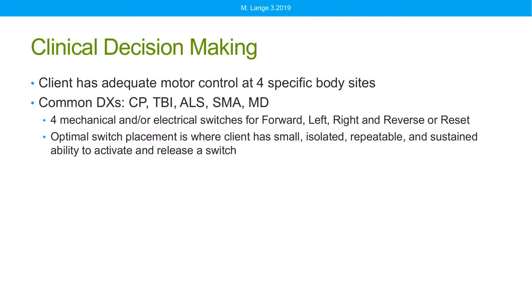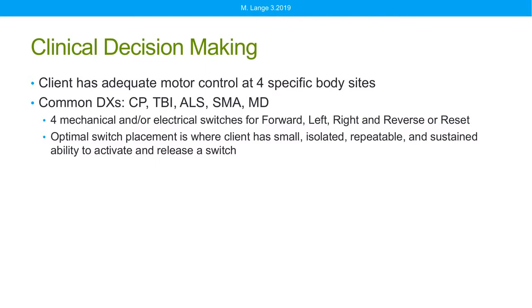So what we might need to do is choose for forward, left, right, reverse, mechanical or electrical switches, and figure out where to place them for that client, where the client has small, isolated, repeatable, and sustained ability to activate and release a switch.